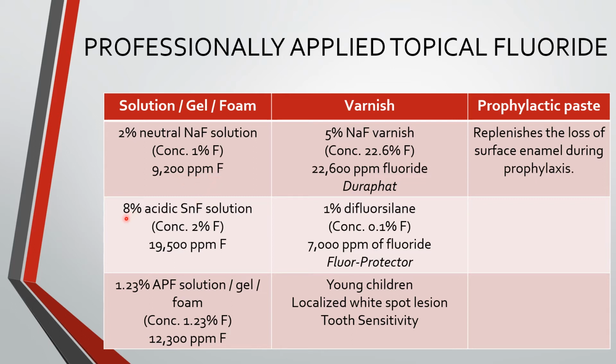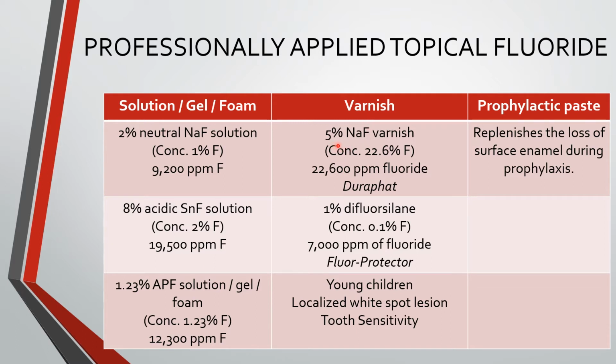Okay, similarly we have 8% acidic stannous fluoride, and we have 1.23% acidulated phosphate fluoride solutions, gels and foams. So it is available in all three kinds, and 12,300 parts per million of fluoride is available when we do topical fluoride application. Another one we have is fluoride varnish.